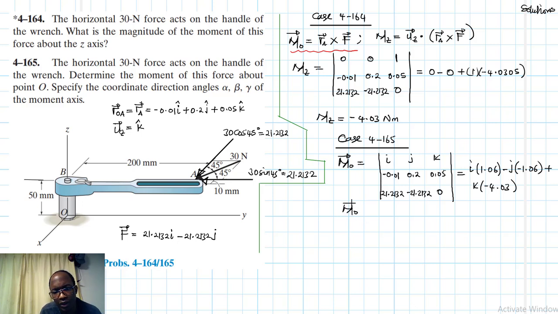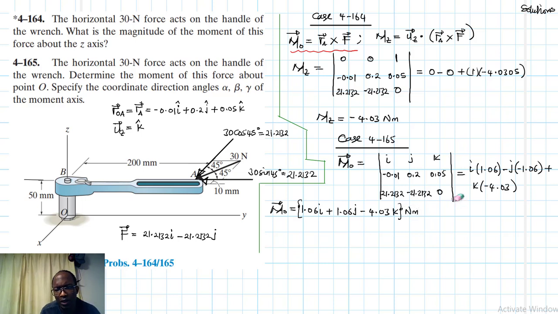Therefore, our moment about point O is equal to 1.06 I plus 1.06 J plus minus 4.03 K. Okay, Newton meters.